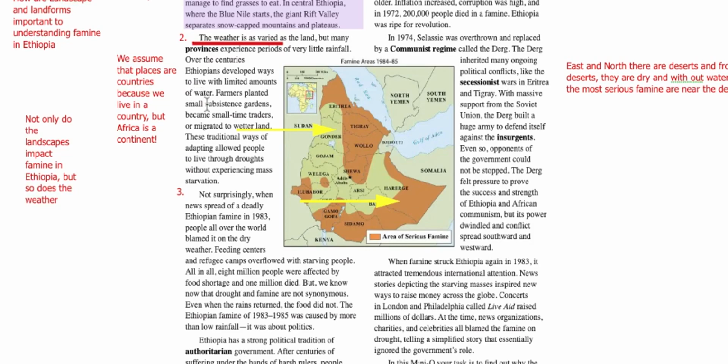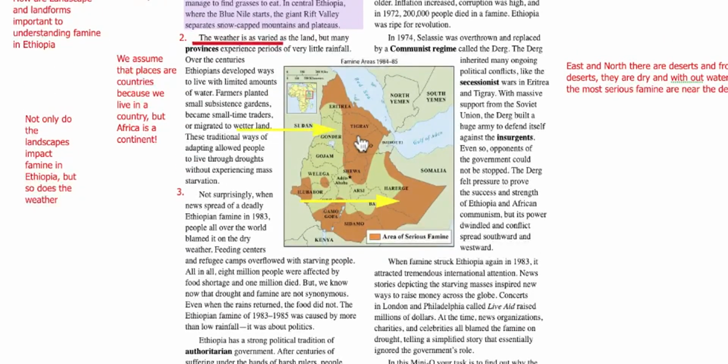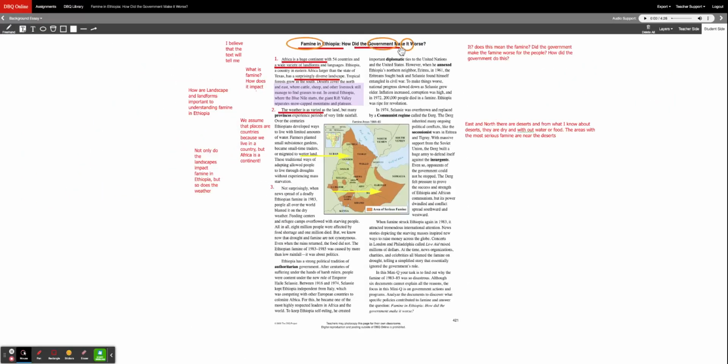No, so far we're hearing a lot about how the landscape, in particular the desert, is connected to the famine. And now we're hearing more about how the weather is connected to the famine. So we're going to go on and determine, how did the government make it worse?